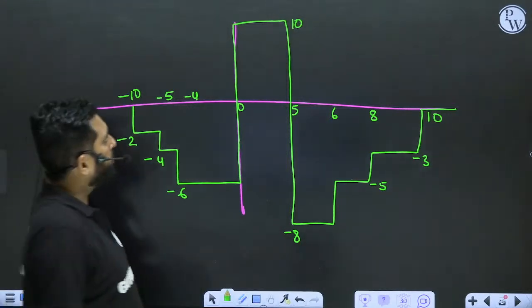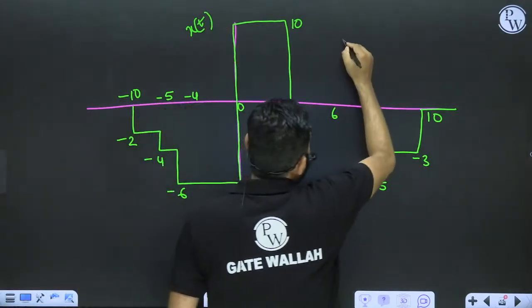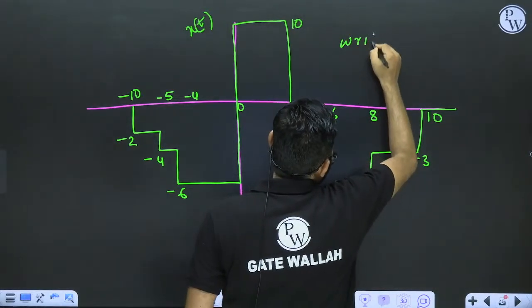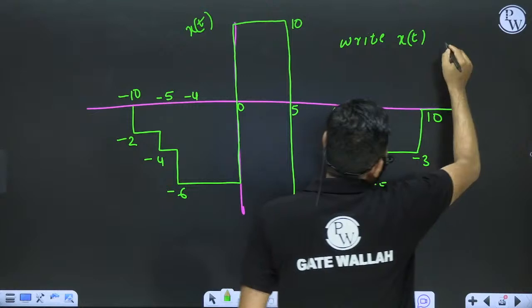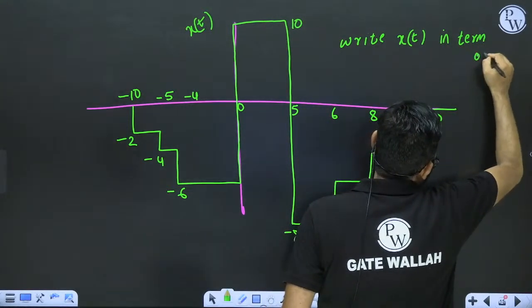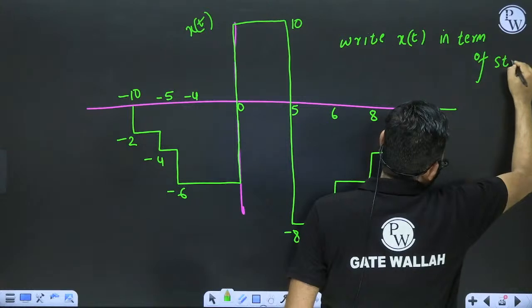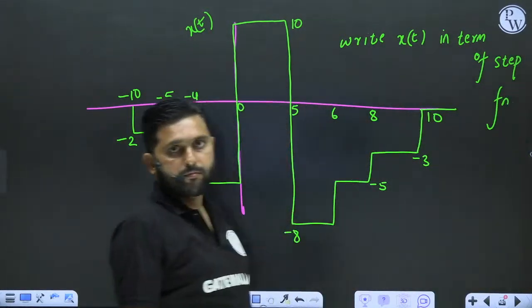Suppose someone asks you, this is my x of t. The question is: write x of t in terms of step functions.